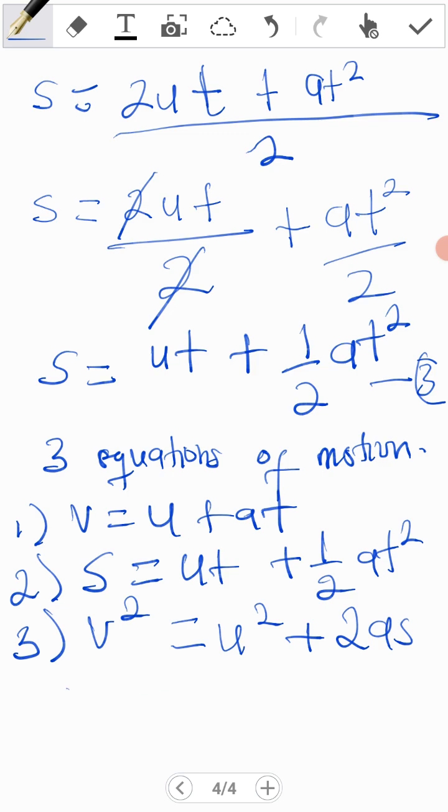Okay, so these are actually the 3 equations of motion.